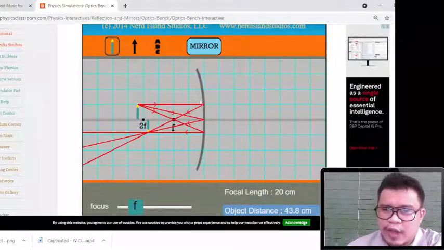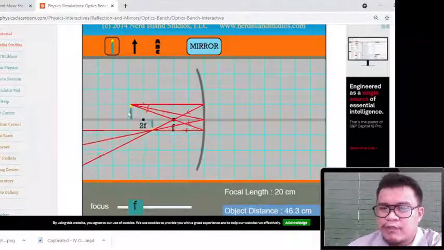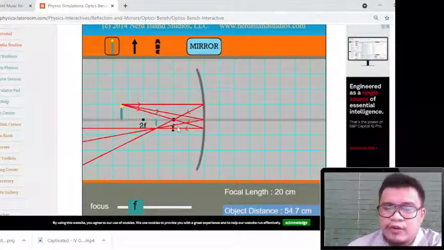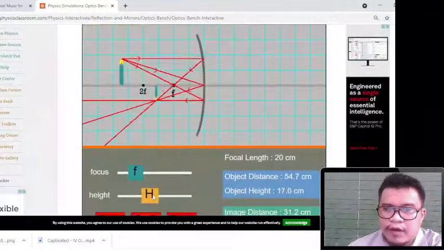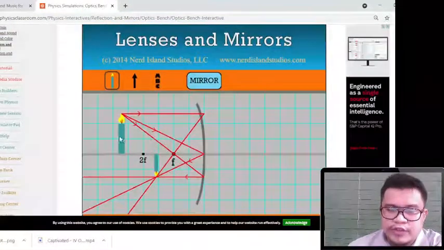Now this is a concave mirror on the left portion of the mirror. By the way, 2F here is the center of curvature of your mirror, while F is your focal point or your focus. Now as you can see, I can make the height bigger so that you can see clearly.